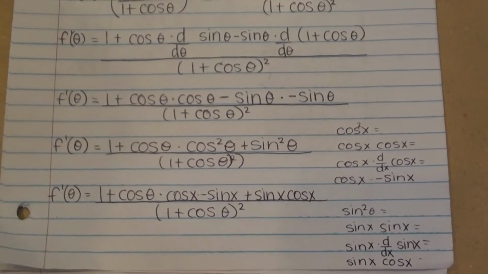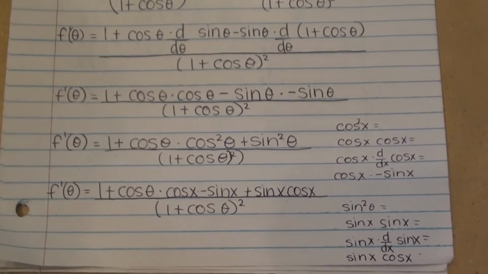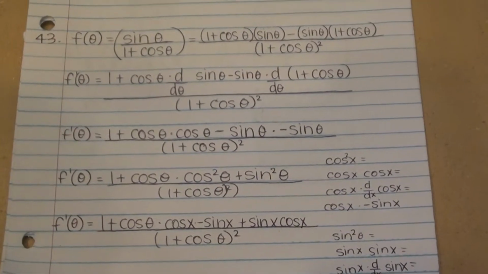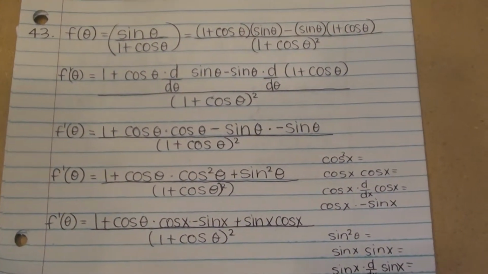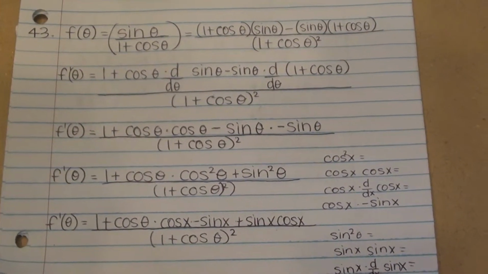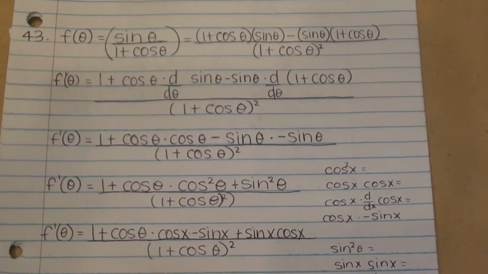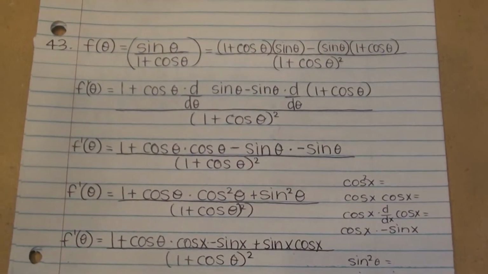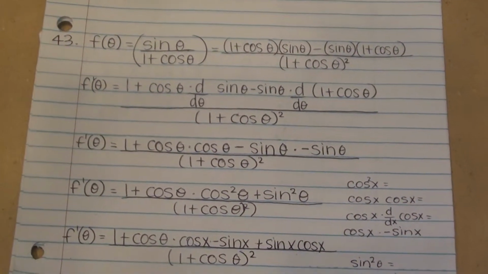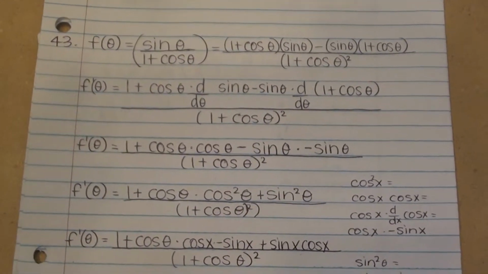It's going to be f prime of theta equals 1 plus cosine theta times the derivative of sine theta, which is your top function, minus your top function sine theta times the derivative of your bottom function, which is 1 plus cosine theta, all over 1 plus cosine theta squared.